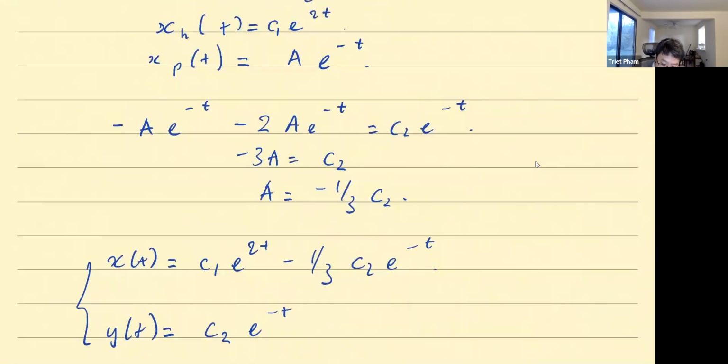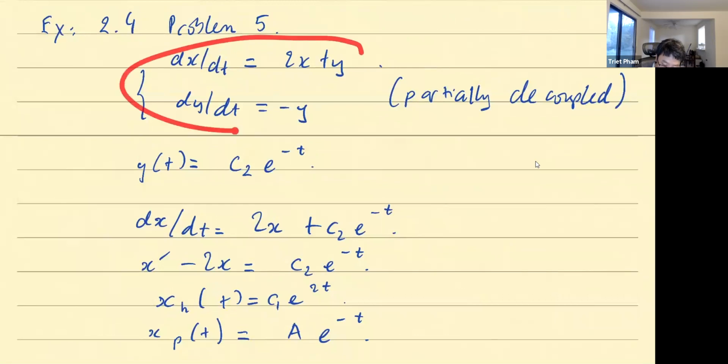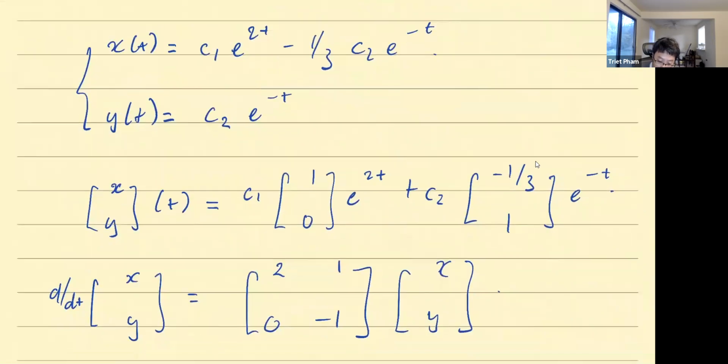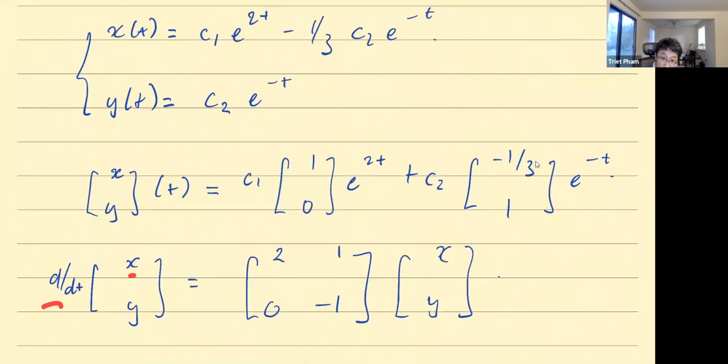You can check that this is the same. And d over dt applied to a vector means you just differentiate each coordinate. And finally, I will say this.